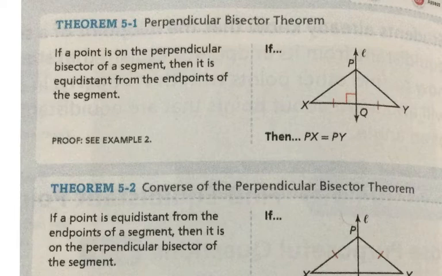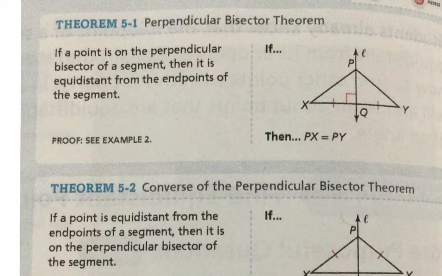It cuts it into equal pieces. So if I have a line segment that is being bisected, then that means where it crosses, it draws two equal pieces. So AB and BC are the same measure.